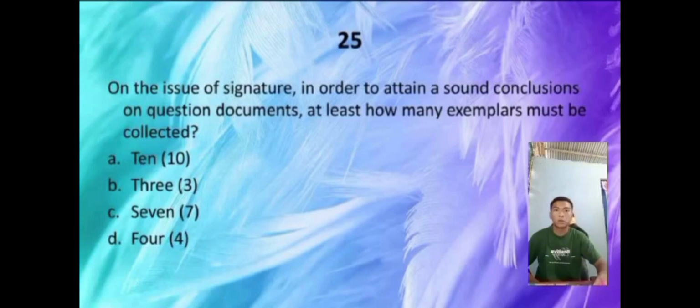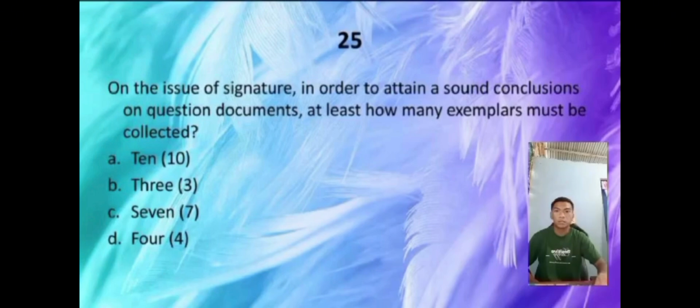So, the wrong answer is B, 3. If we collect only 3, it will be insufficient and too few. It may not capture the natural variability in a person's signature. There may be minor differences due to various factors.